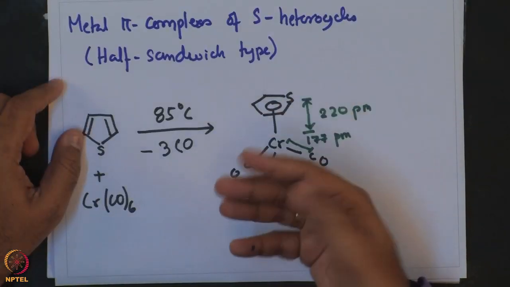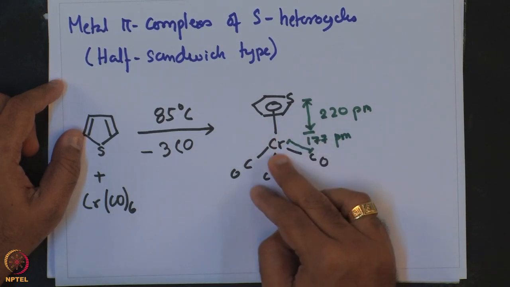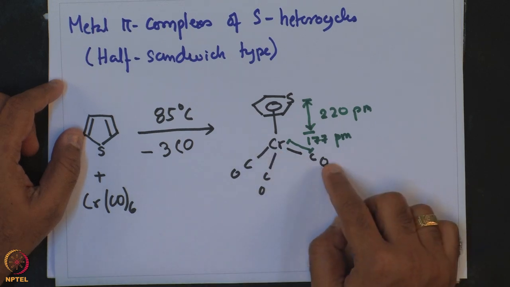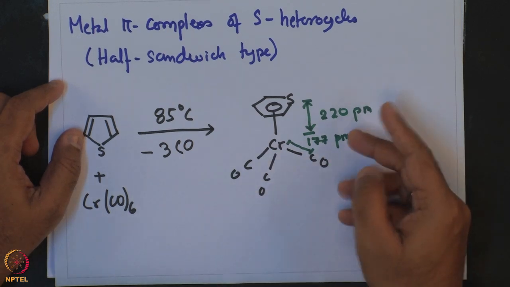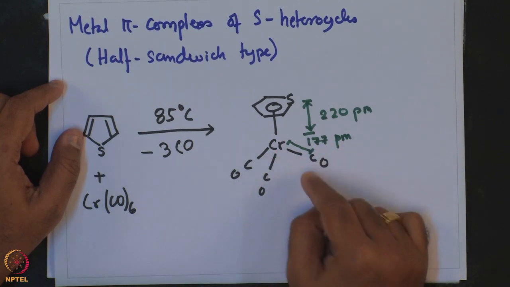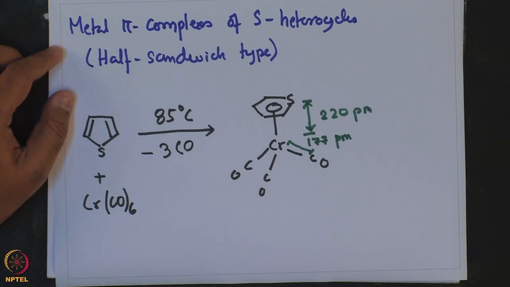So, thiophene donates electron density onto the chromium, and that electron density is further drawn in by metal to ligand pi bonding by these 3 carbonyl ligands, which results in the observation of a much shorter chromium carbonyl distance in the thiophene chromium tricarbonyl complex.